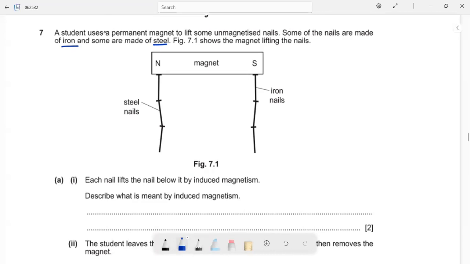So, these are actually not magnets. Steel and iron are non-magnets. So, a development of magnetic properties inside a non-magnetic material, that is actually induced magnetism.